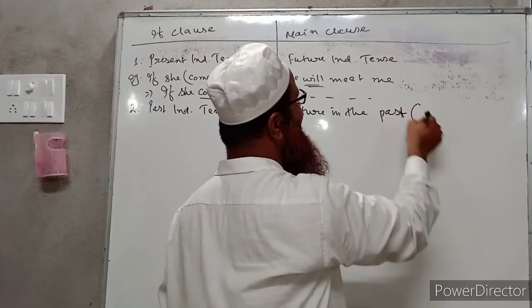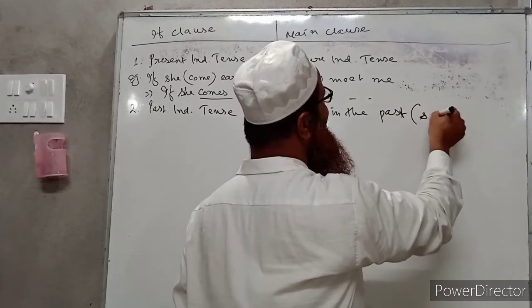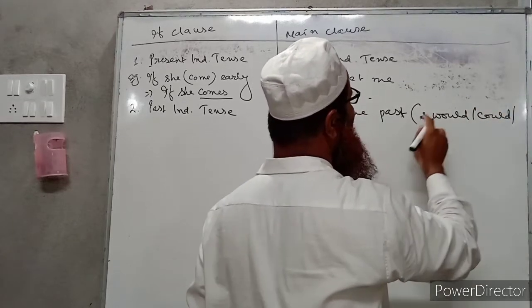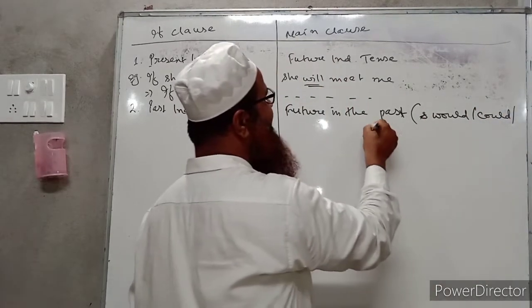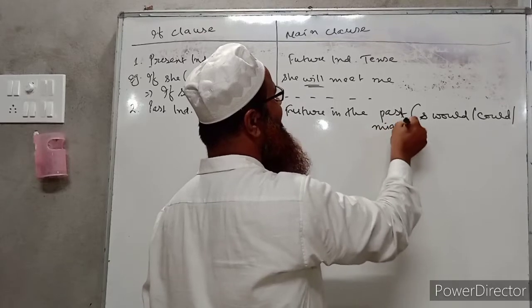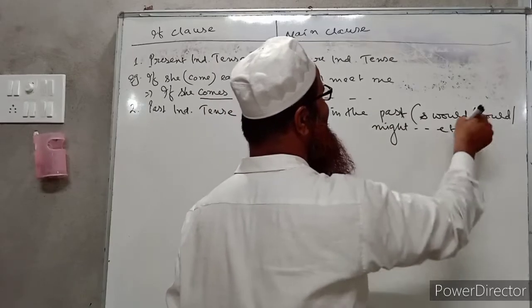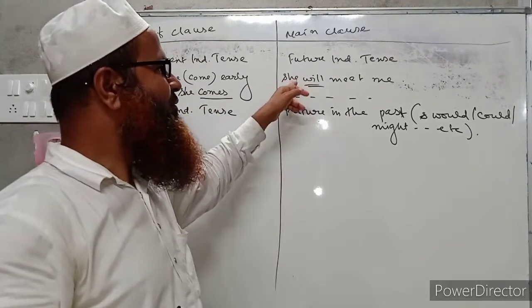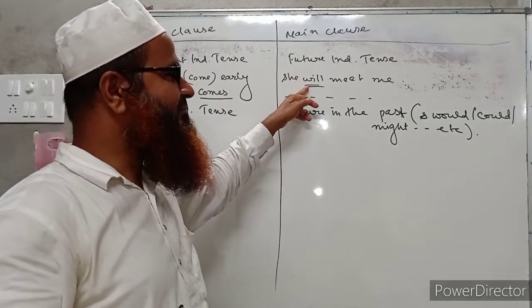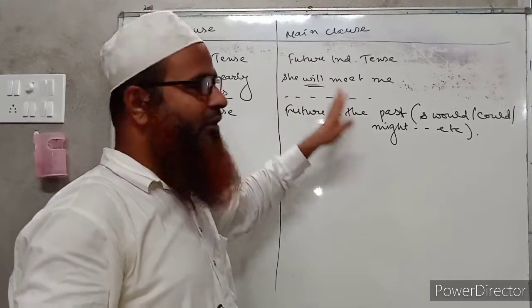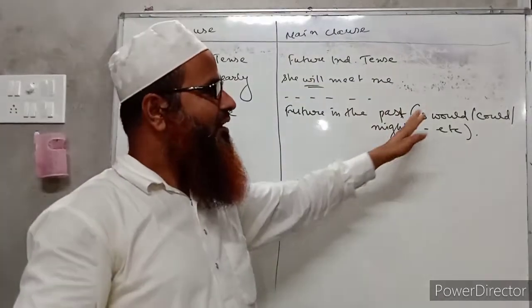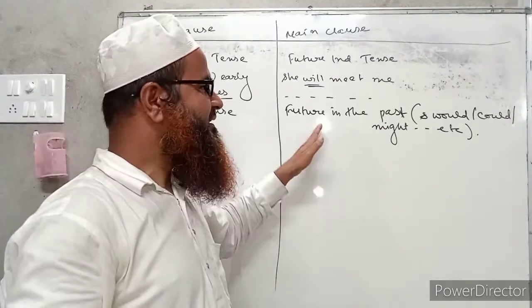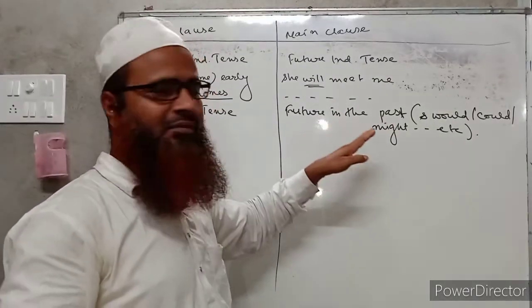Future in the past means we will use would, could, might, etc. after the subject. Here will has come or shall will come, but here shall or will not come. Rather would, could, might, should, these words would come. So this form of the verb is called future in the past.